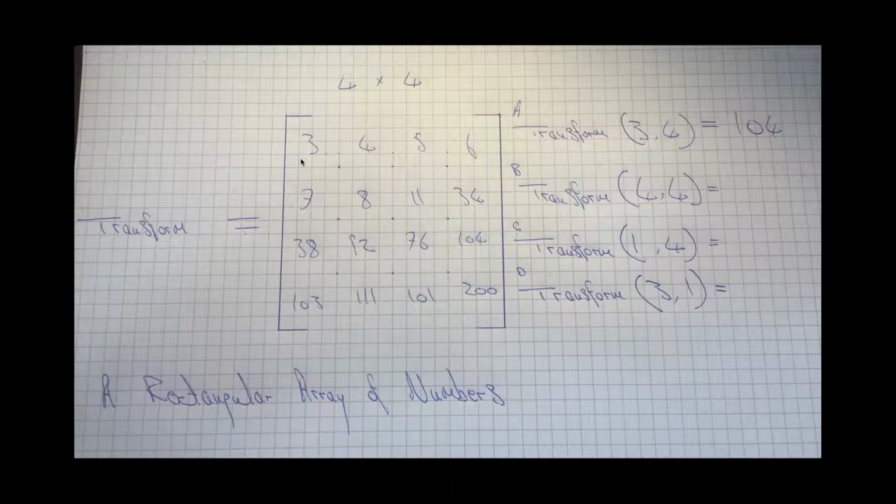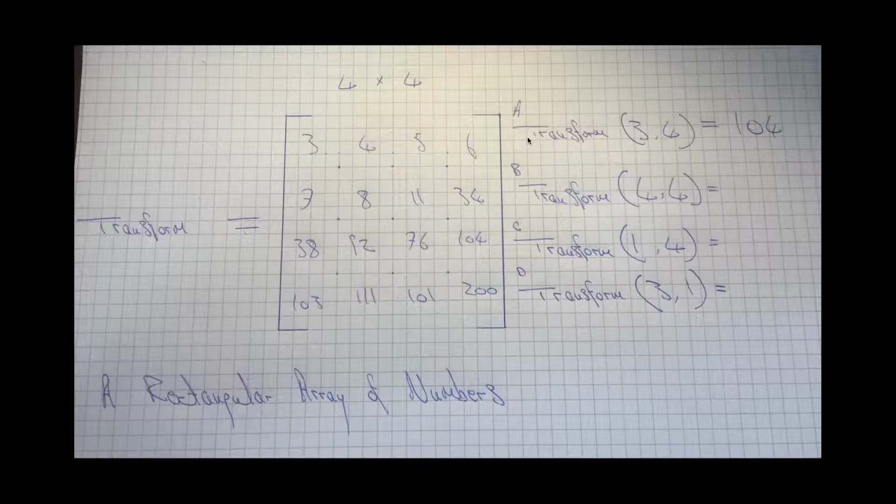How you access a value in a transform matrix is like this. We have transform 3, 4, and this is equal to the value 104. How was this worked out? Transform is the name of the matrix, the first value is the row number, and the second value is the column number.